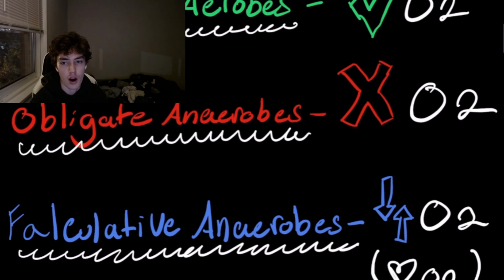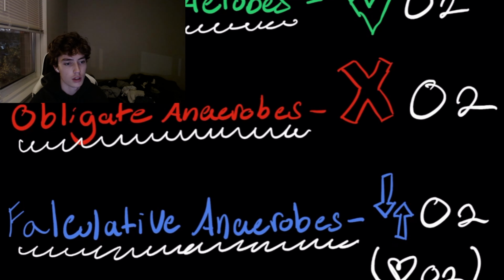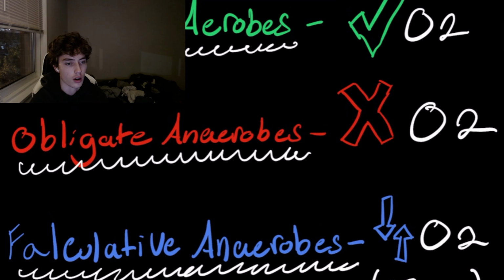The next thing are obligate anaerobes. Obligate anaerobes are bacteria that cannot survive in oxygen. It's toxic to them because they lack the enzymes required to detoxify the negative effects of oxygen, which I will talk about in a second. So they can't grow in oxygen.